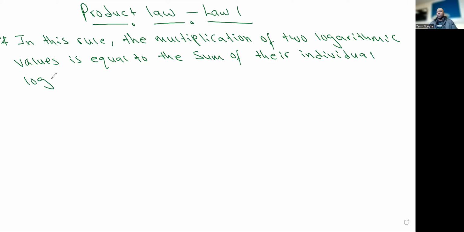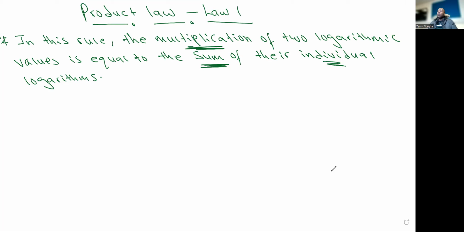So what we are saying is, when you multiply two logarithm values, it is equal to the sum of their what? Individual logarithms.